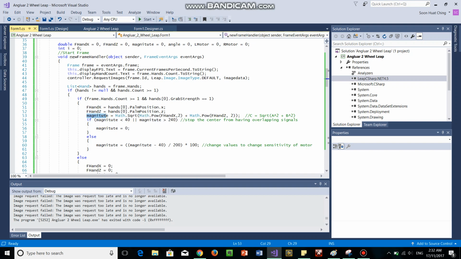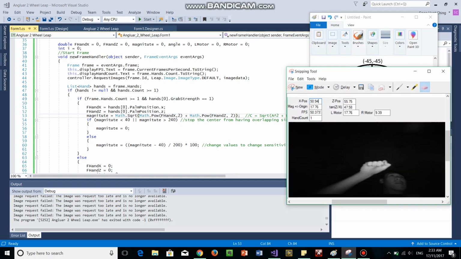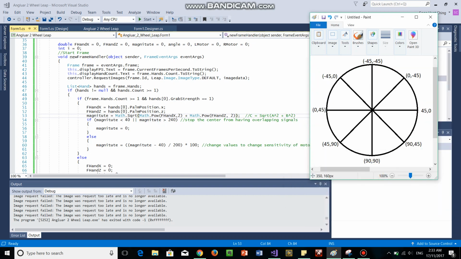Next, we'll be calculating the magnitude of the hand from the origin using this method of C equals the square root of A squared plus B squared. And here's the code. After that, we'll be checking the magnitude, which is here. If the magnitude is less than 40, or the magnitude is more than 240, this is where we do a check.